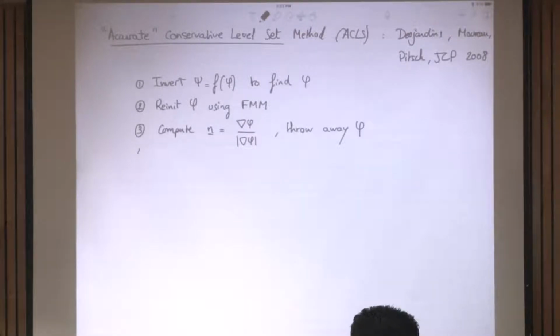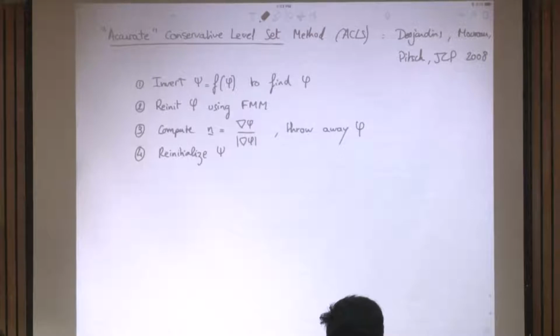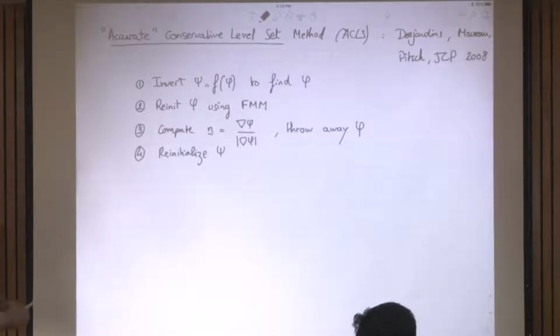And the fourth step is to, however, reinitialize my psi conservative level set. But this time, I'm going to be using a normal vector that is non-oscillatory, that will not oscillate in any way. That means that now I can use any type of high-order schemes to solve my transport problem, even if I develop oscillations.